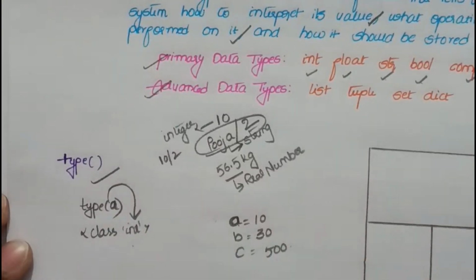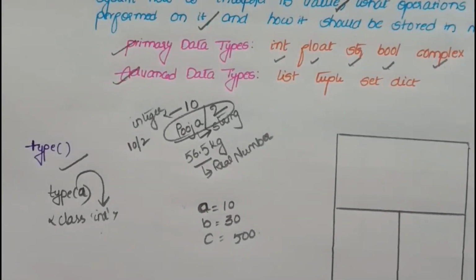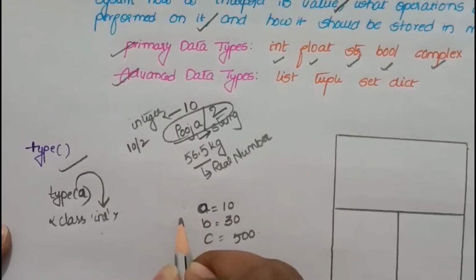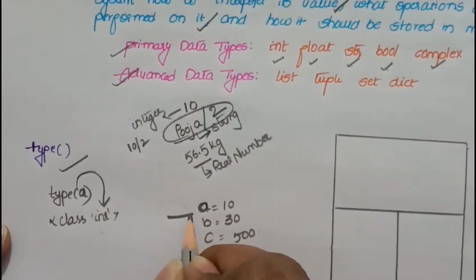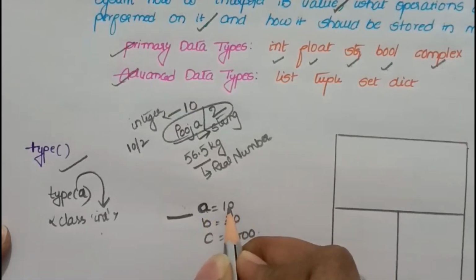And one most important feature of Python, as we discussed in video 2, is that it is dynamically typed. There is no need for the user to write the data type of a variable as in Java and C. In Java and C, you have to define the data type of the variable before assigning a value.